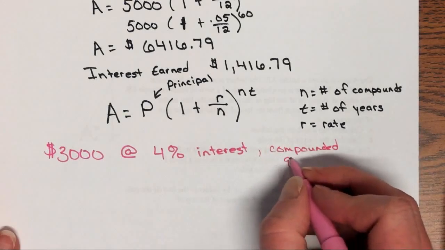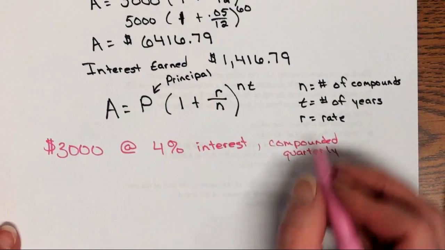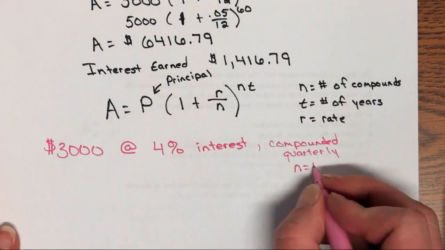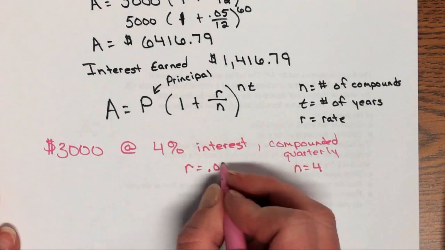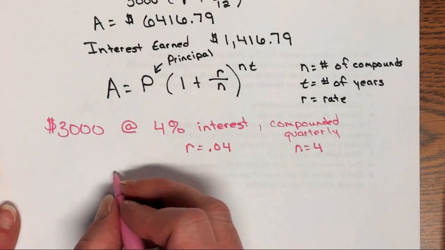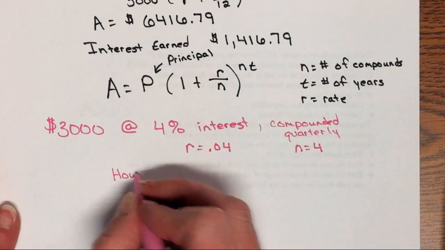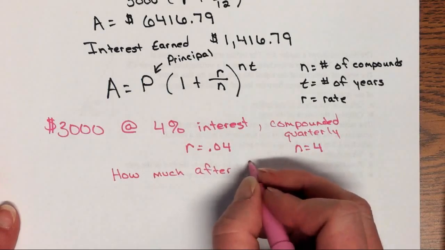So how many times a year would that be? That would be 4. So that means our number of compounds is 4. Our rate is 4%, so it's going to be 0.04. And let's say we want to know how much is in the account after, let's say, 7 years.